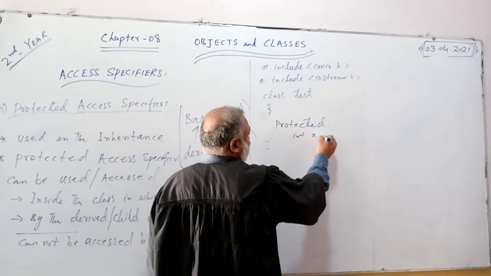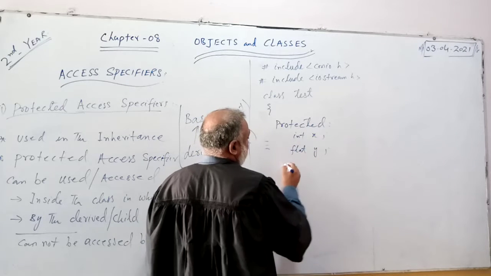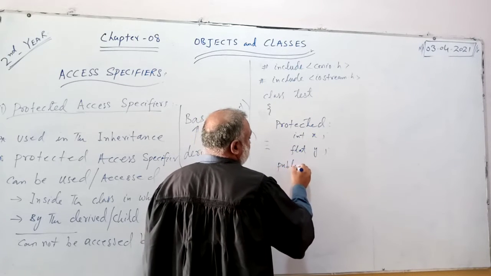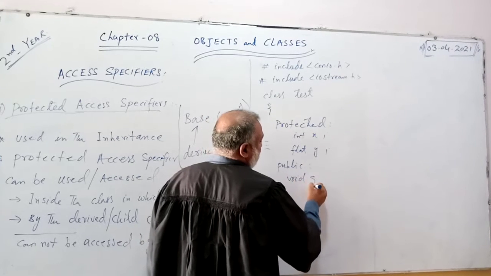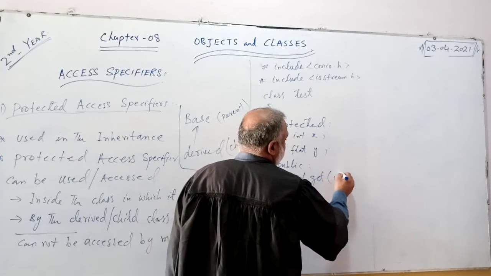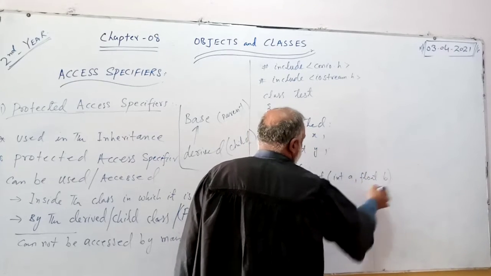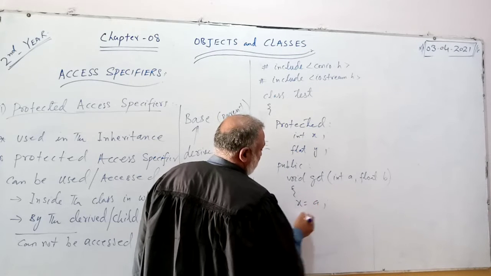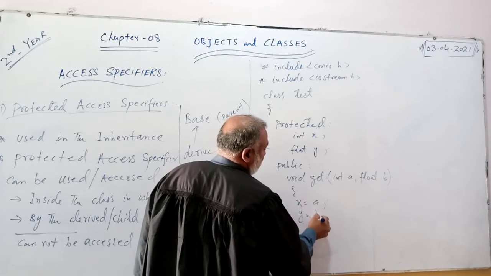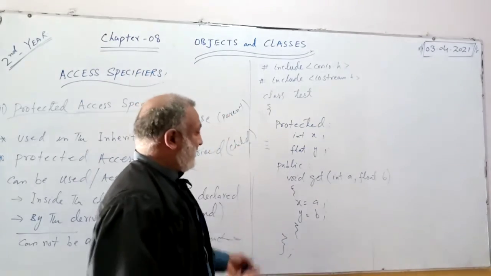Int x, and y public. You write a function void, and the member data get initialized here, the class finishes.